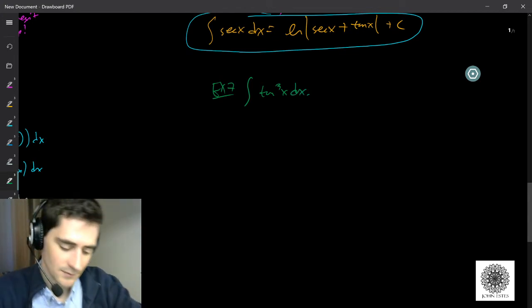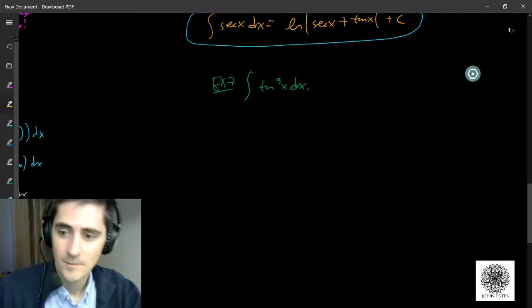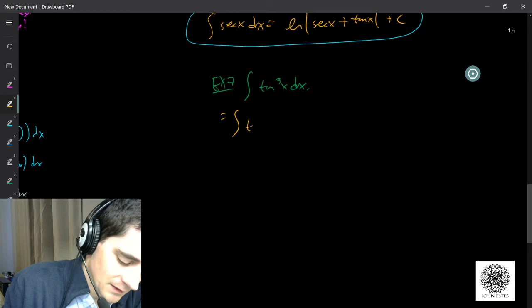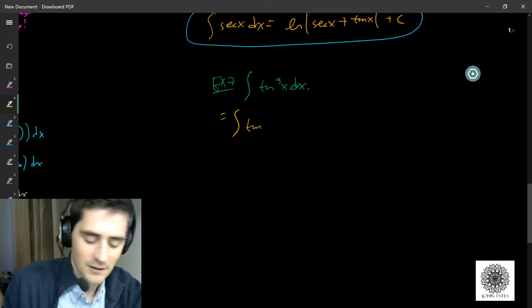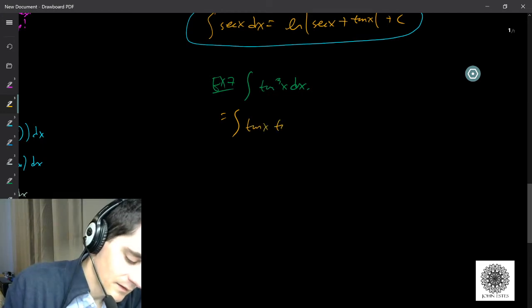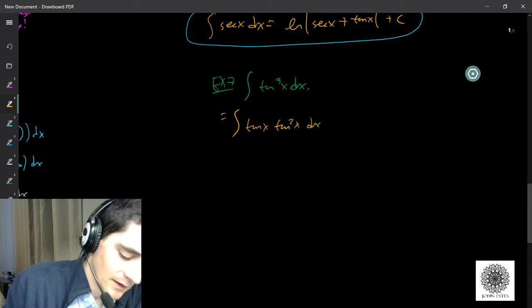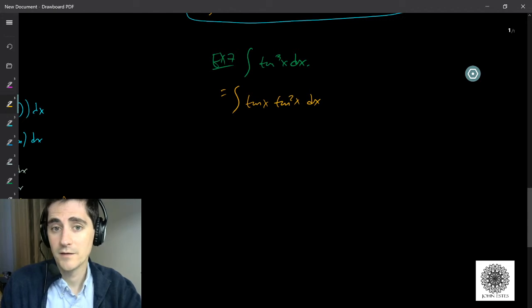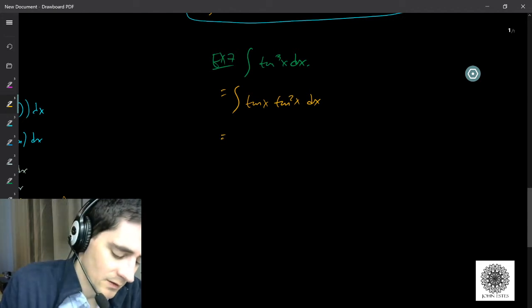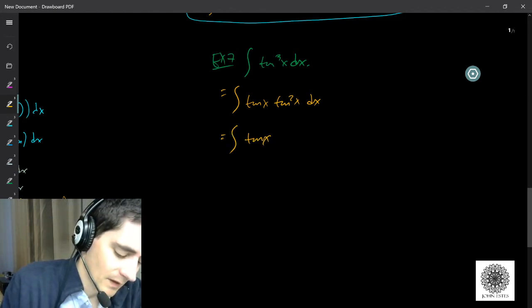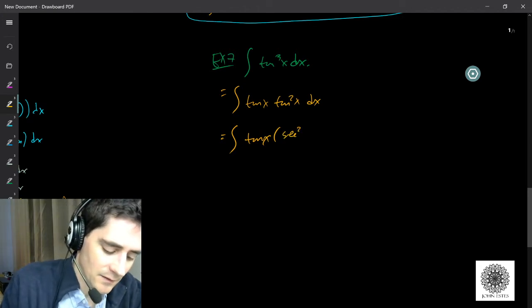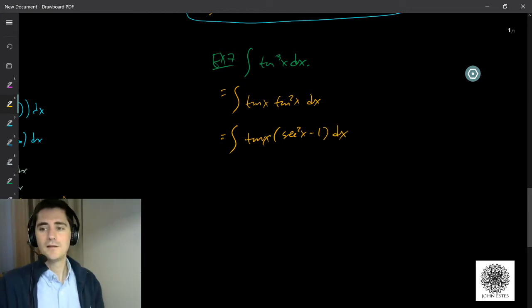All right, so I'm going to first peel out a tangent squared. I'm going to write it like this: tangent x times tangent squared x dx. Then I can use a substitution on tangent squared. I get the even power, so I can put in a secant. Tangent squared is the same as secant squared x minus 1 dx from my Pythagorean identity.